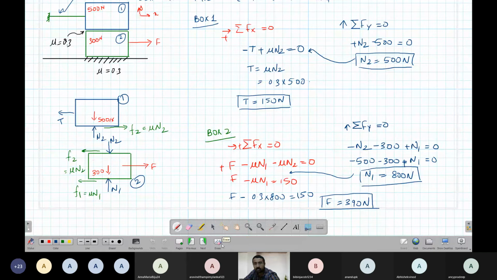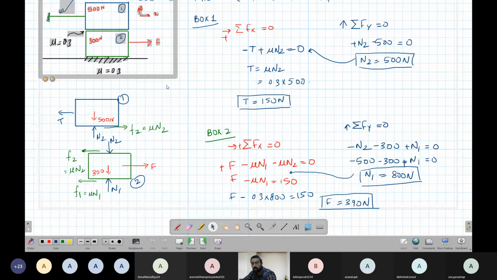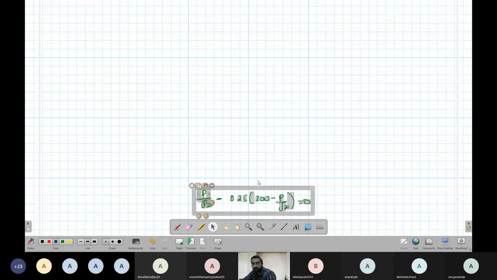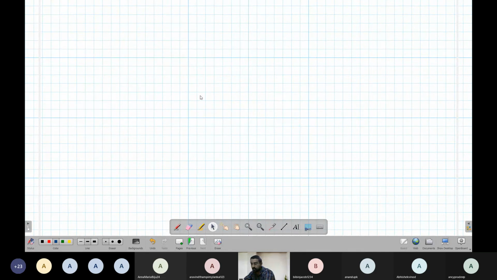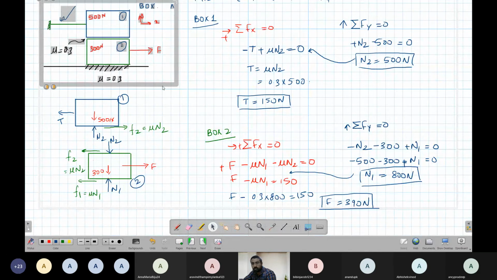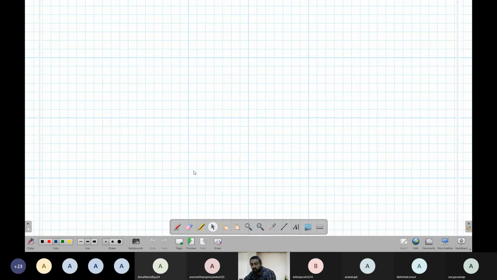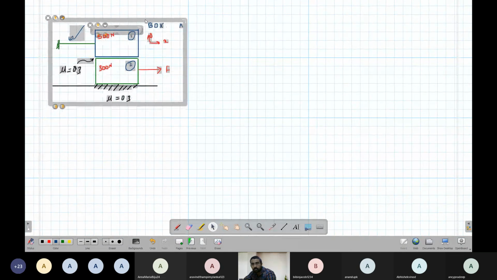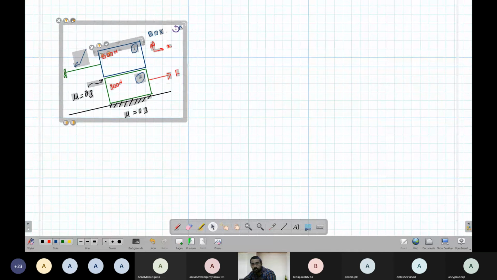So for example, let us take the same problem. Take it here. Okay, good. So this is the problem. Just rotate it.